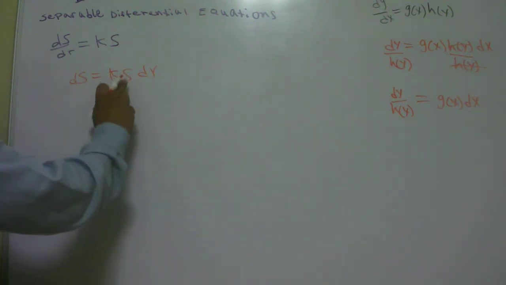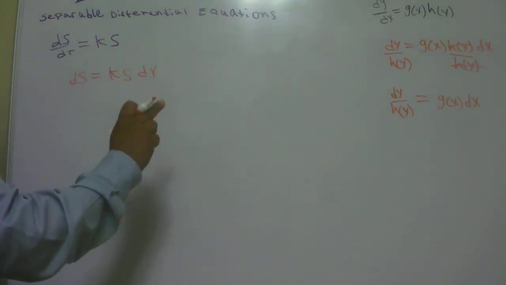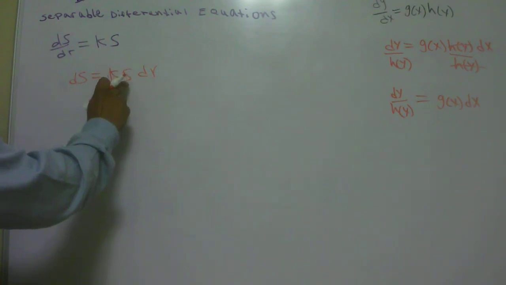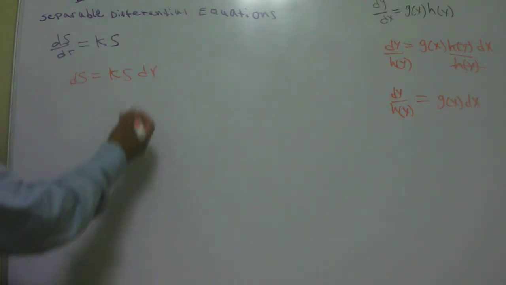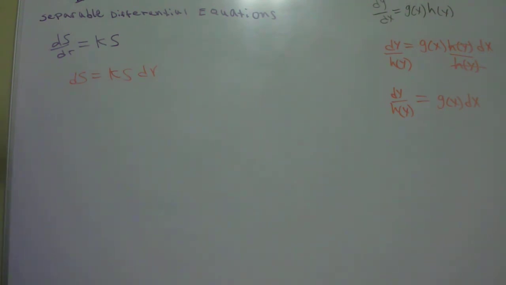Now notice that I am going to separate the variables, and I can leave the k right here. I don't have to divide by k. I could, but it's not going to make any difference in this problem.